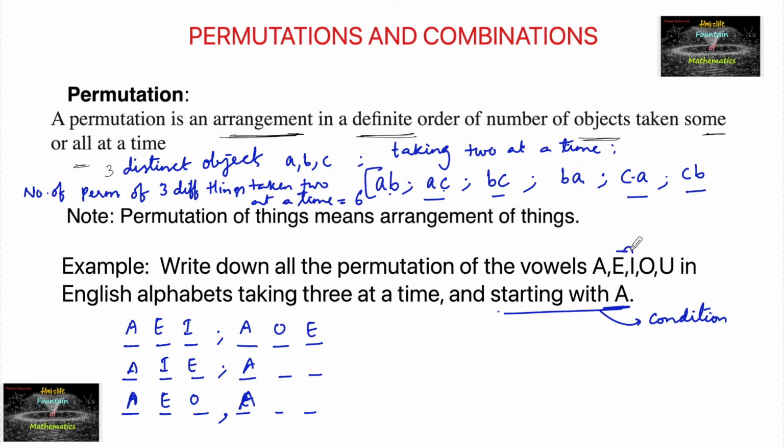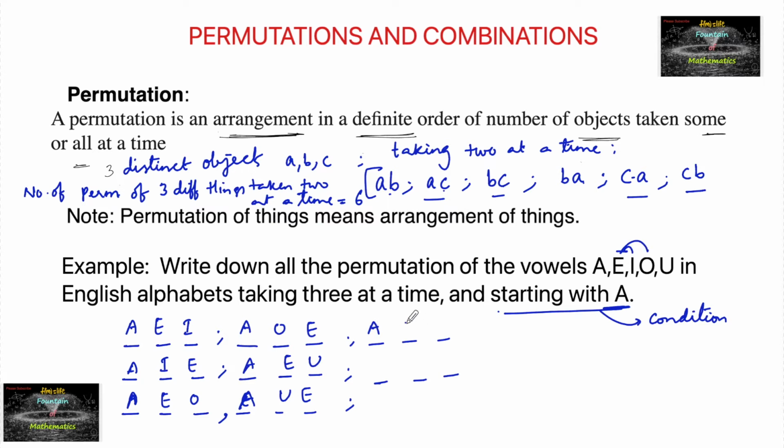A, E, I, then A, E, O, and A, O, E, and then A, E, U. Then I can write A, U, E. So what is left over here? A, E, U is done, A, U, E is done.